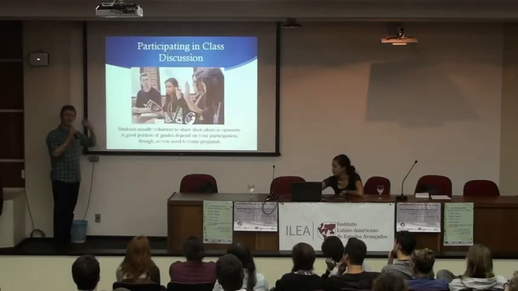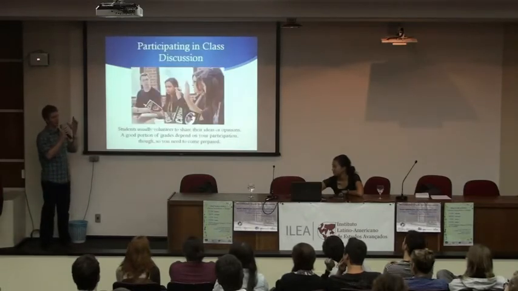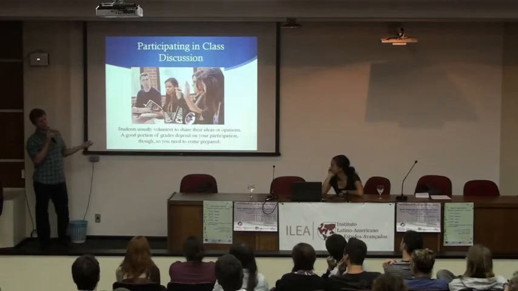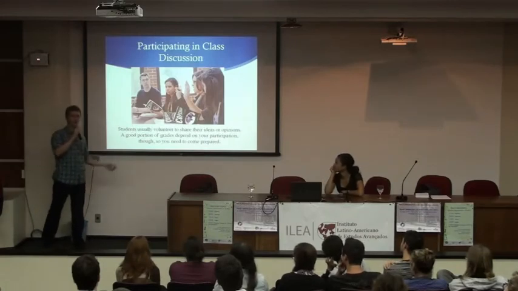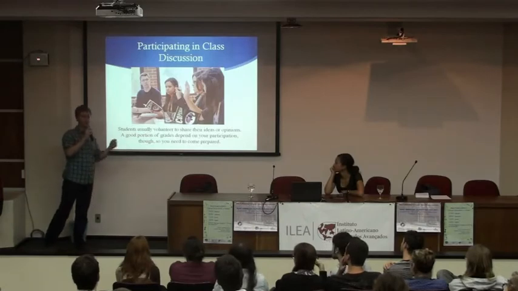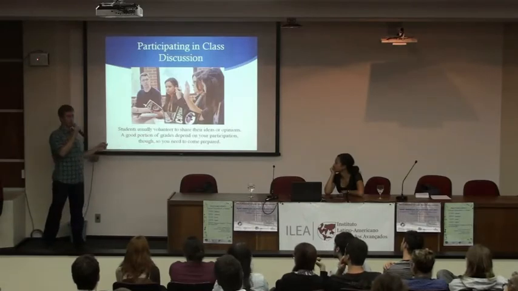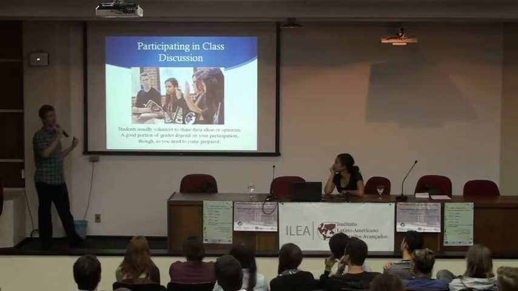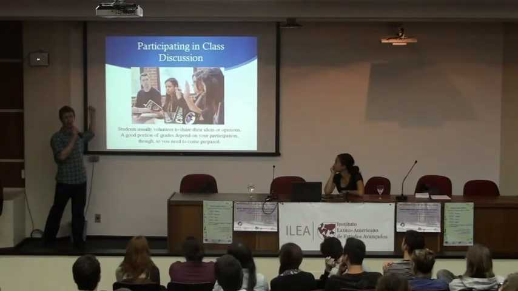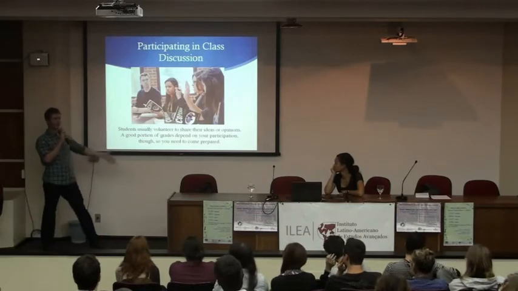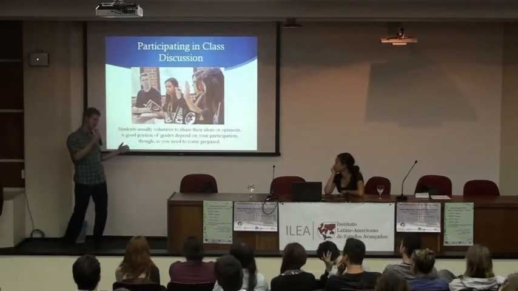Some professors try to make this grade a little bit more objective by tallying how many times you speak, or maybe taking notes of who says what during the class. But this type of grade is so subjective. On one end we have tests, which are pretty objective, right? Either you have the right answer or you have the wrong answer. Then we have papers that are a little bit more subjective.